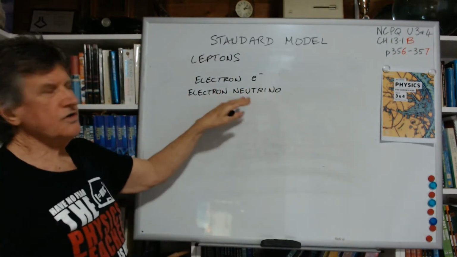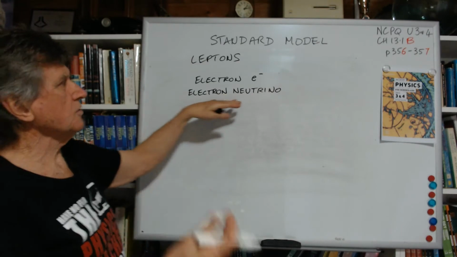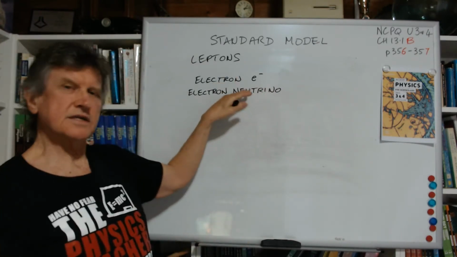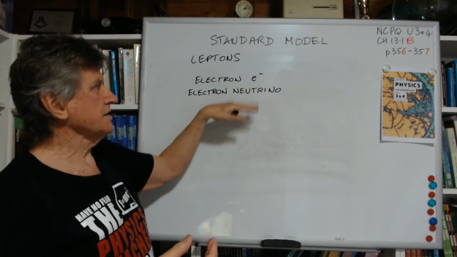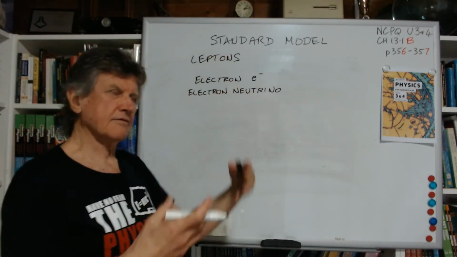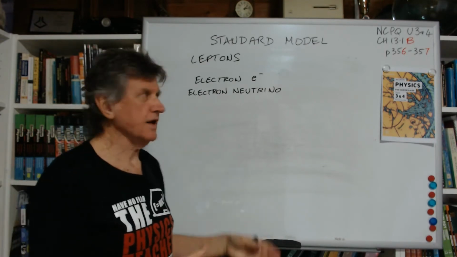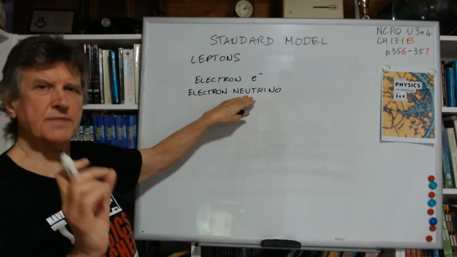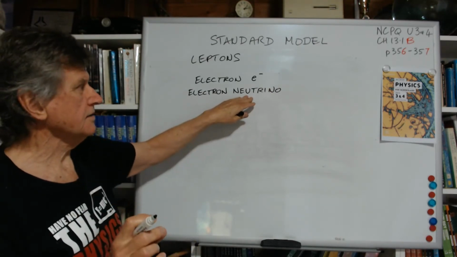The electron neutrino is a small particle that was predicted before it was actually found, so it's one of the great successes of physics. And they predicted it based on the fact that they needed to have conservation of momentum in particular reactions, and the only way they could account for it was a very fast moving, very lightweight particle.